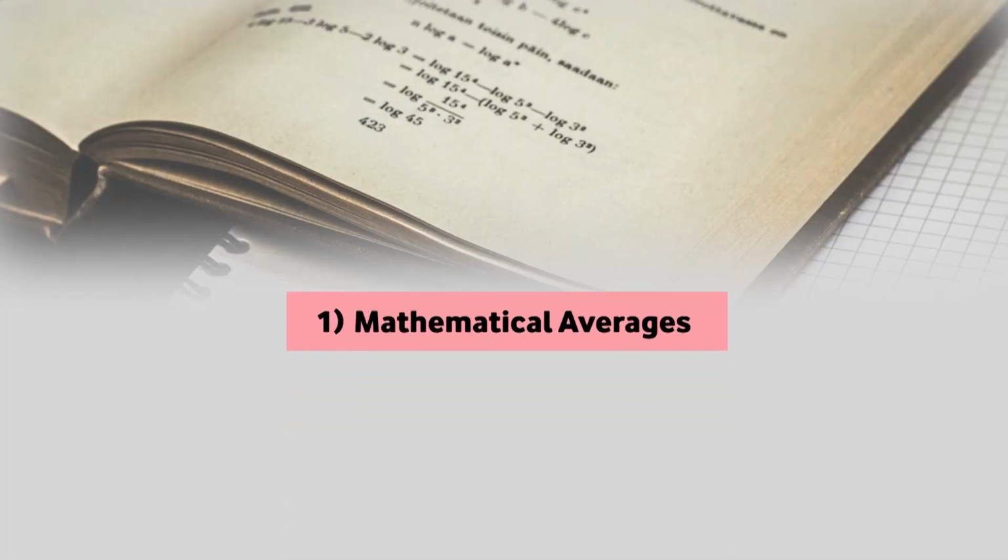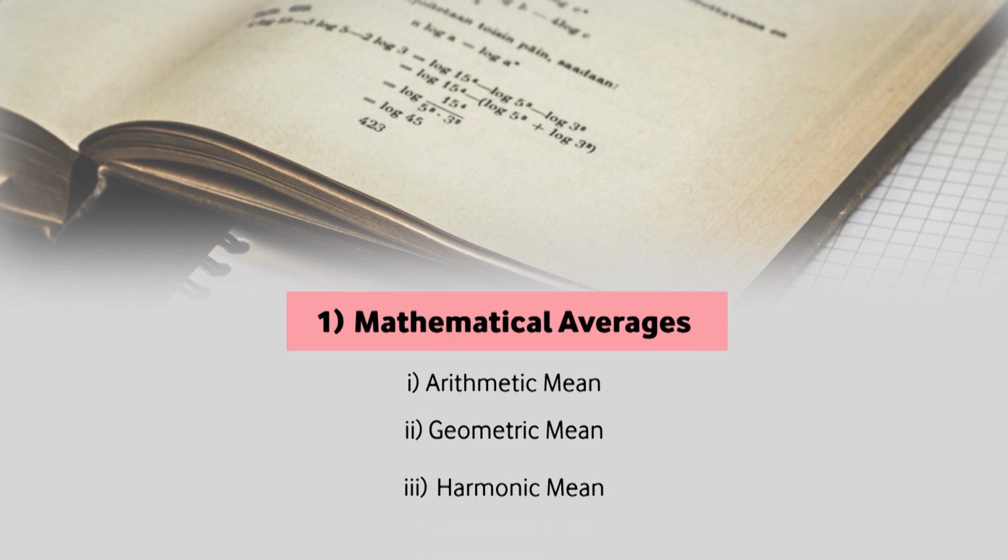So as statisticians, we depend upon the mathematical averages and the averages of position. When I talk of mathematical averages, it may be three kinds. One is arithmetic mean, which is called simple arithmetic mean or mean also. The other is geometric mean, and the third one is harmonic mean.